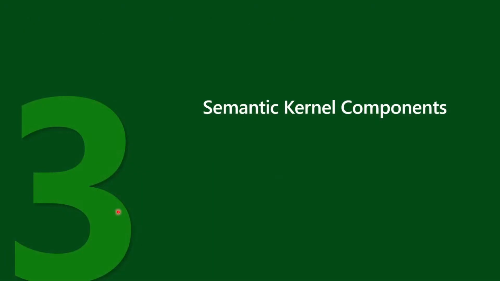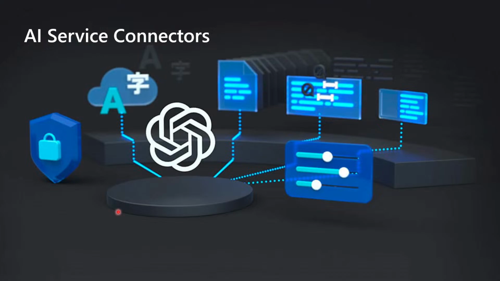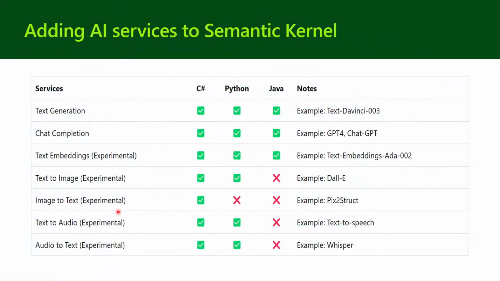Cool. The third concept in today's session is components of the semantic kernel. It's a long subject. I'm not going to explain all of them. I'm going to just mention the first of them, which is AI service connectors. What are those?